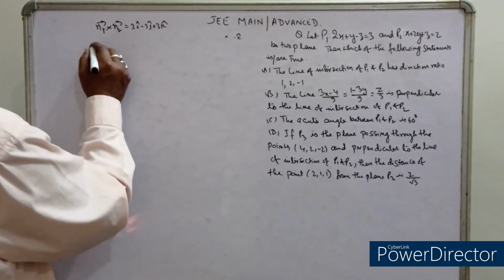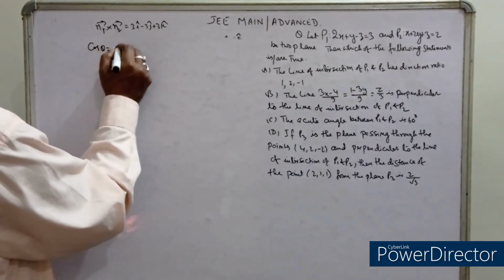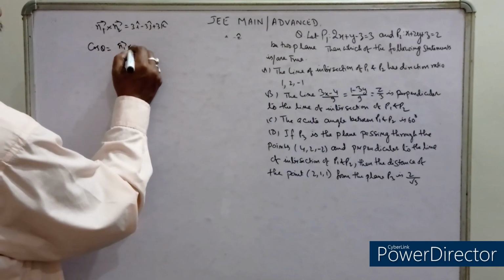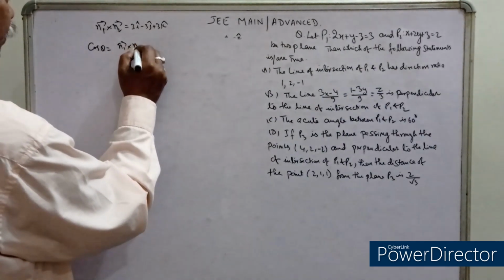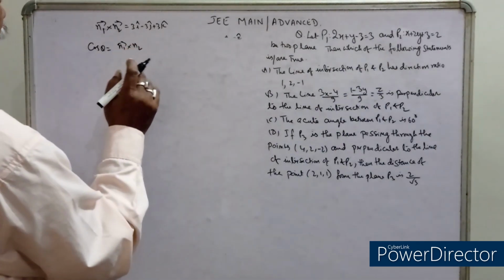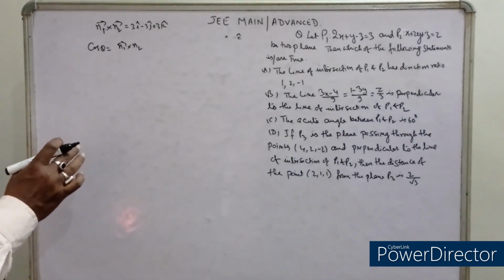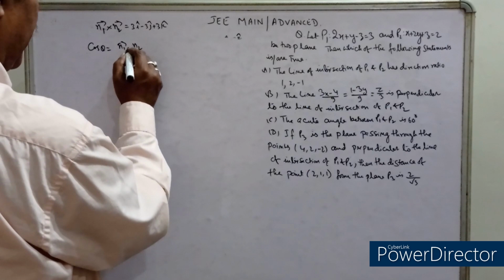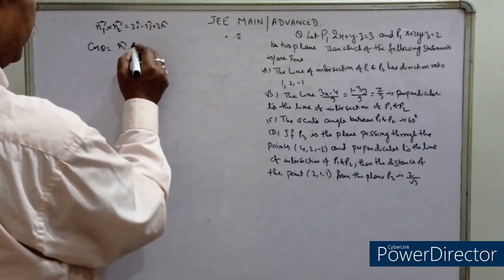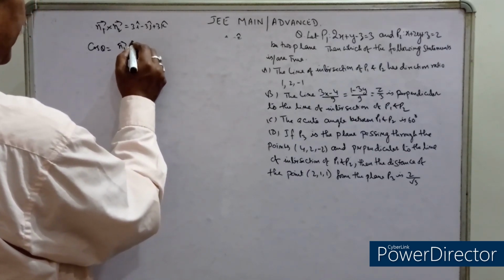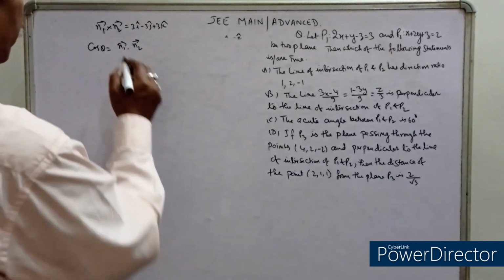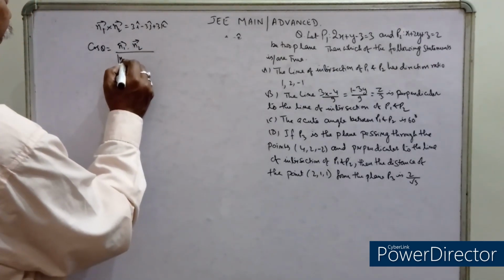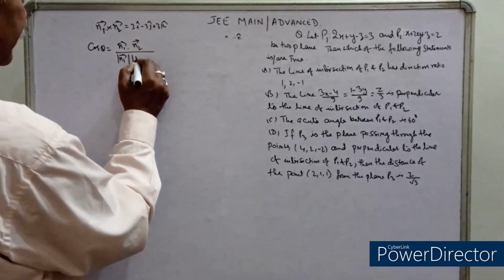To find the angle, cos theta is equal to n1 vector dot n2 vector by modulus n1 vector into modulus n2 vector.